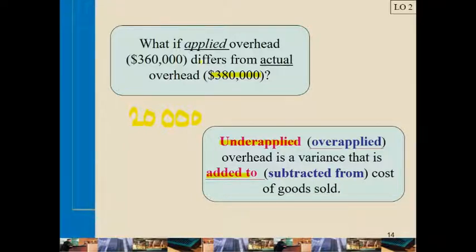So you adjust it to properly reflect the actual cost incurred by the business. That is the concept of the overhead variance.